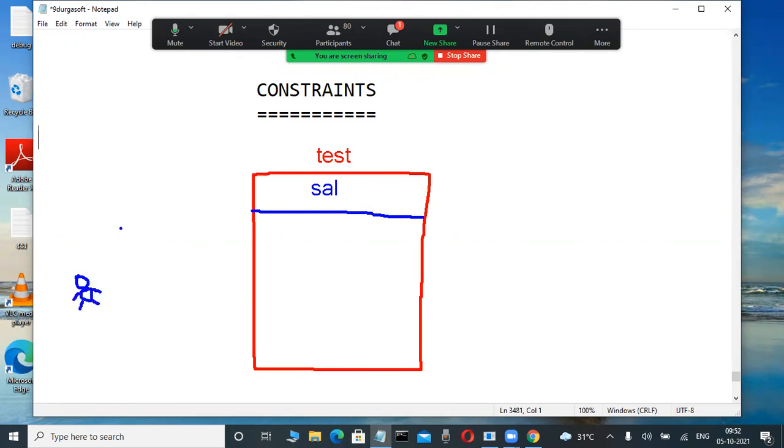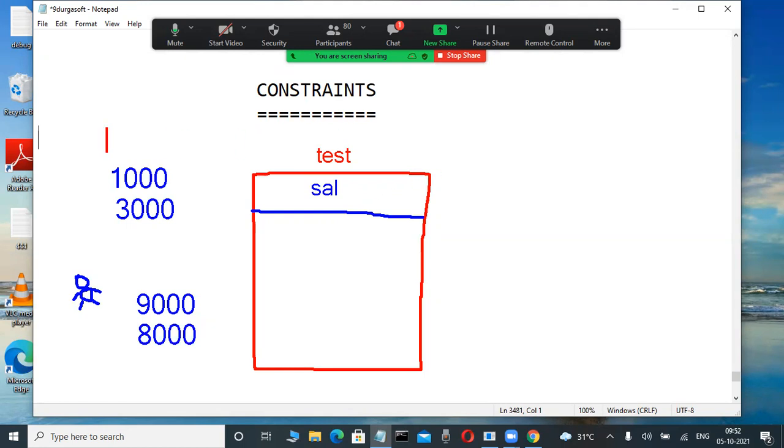Whenever I insert a 1,000 salary, yes, it will be inserted. Again 9,000 salary, it will be inserted. 3,000 salary, it will be inserted. 4,000 salary, 8,000 salary, they will be inserted. But unfortunately, my client says, I don't want to insert all types of data.